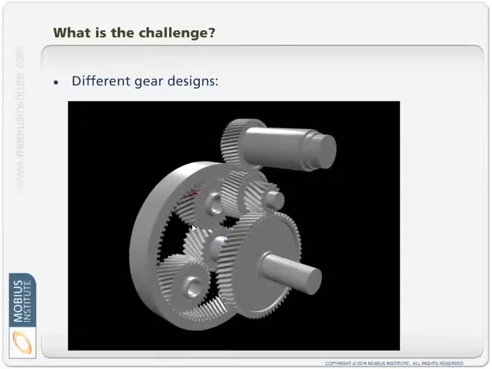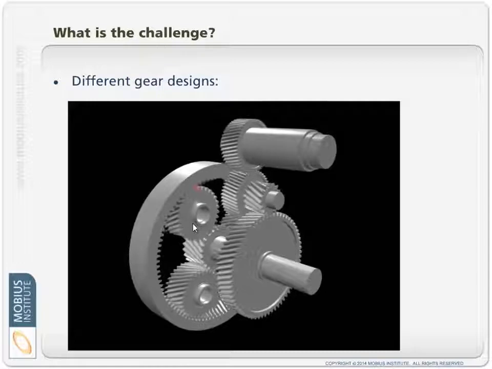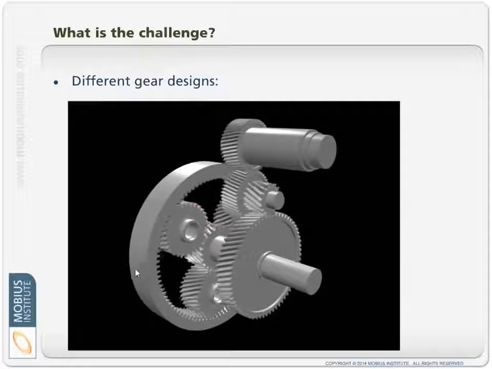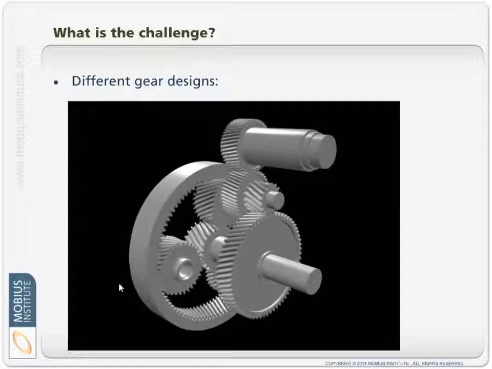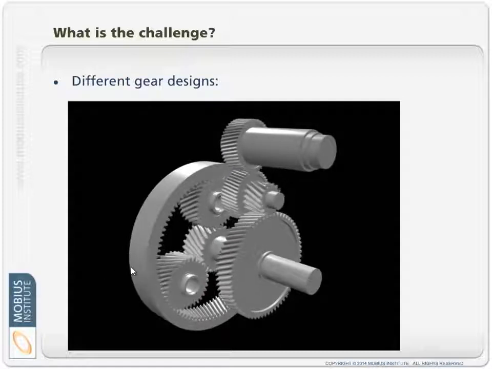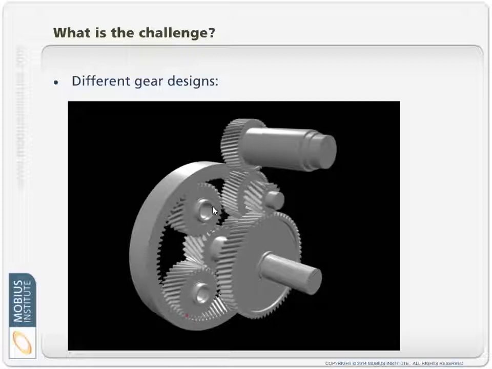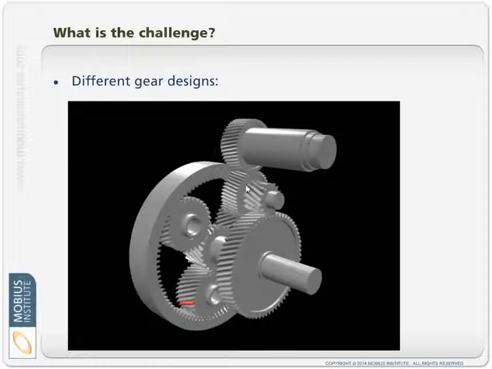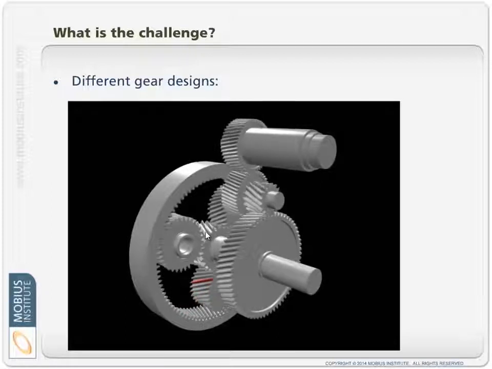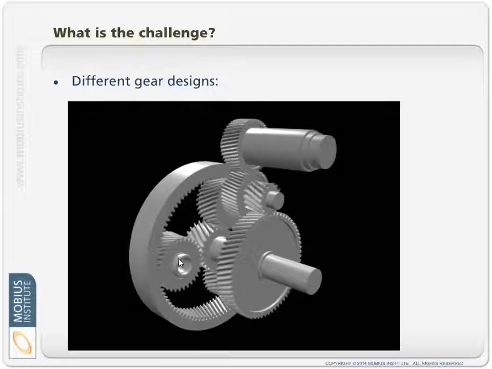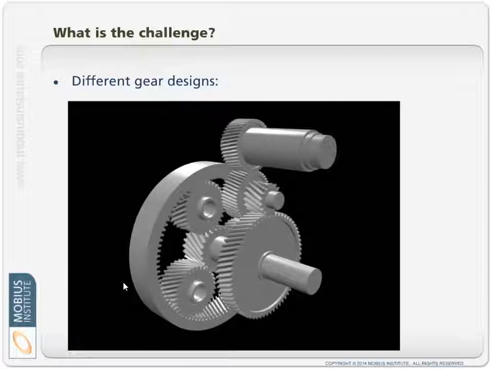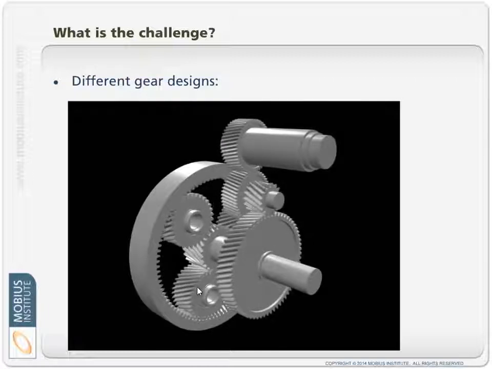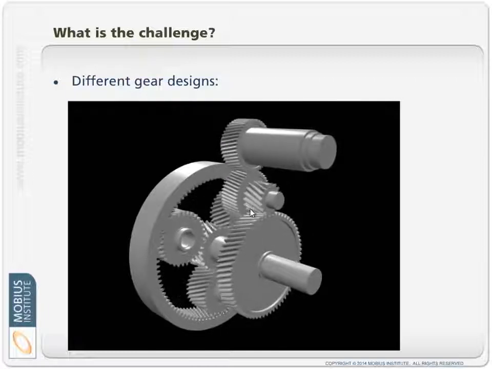We can see it in a bit more detail here, but you can imagine that with a gearbox like this, let's say we've got an accelerometer mounted just at this location where I'm moving my mouse. You've got these gears turning at very different speeds. You've got gears that are moving in position relative to the location of my accelerometer. If you think about this gear here, it's now moving away from my accelerometer, and it's going to move back towards my accelerometer.